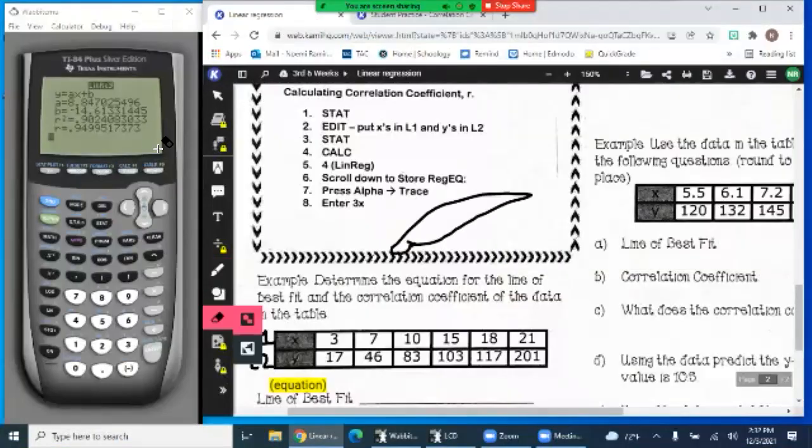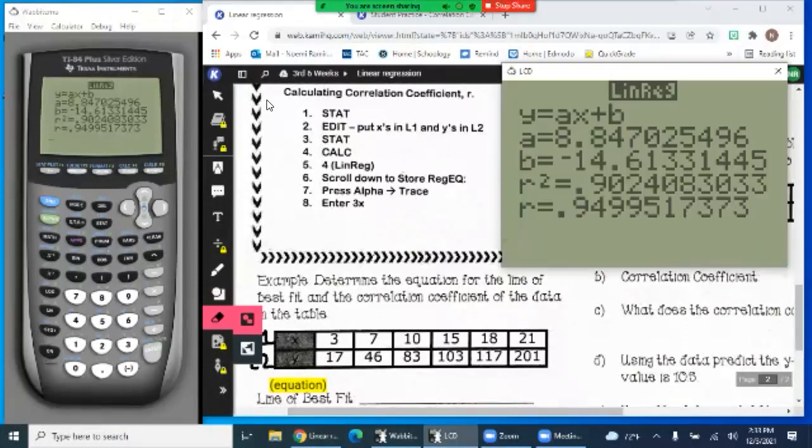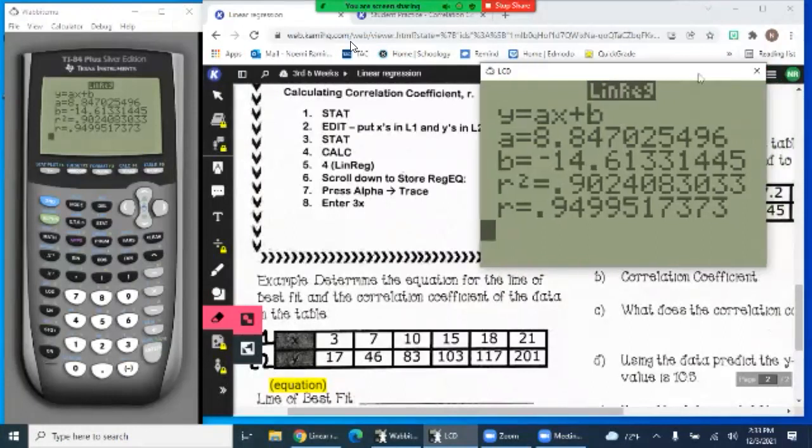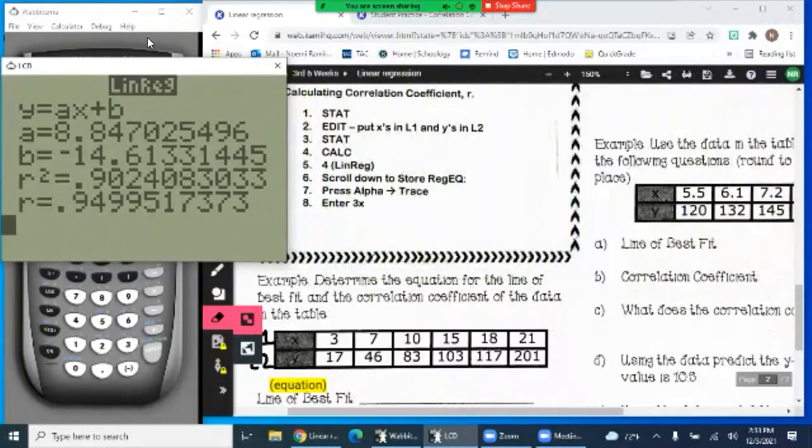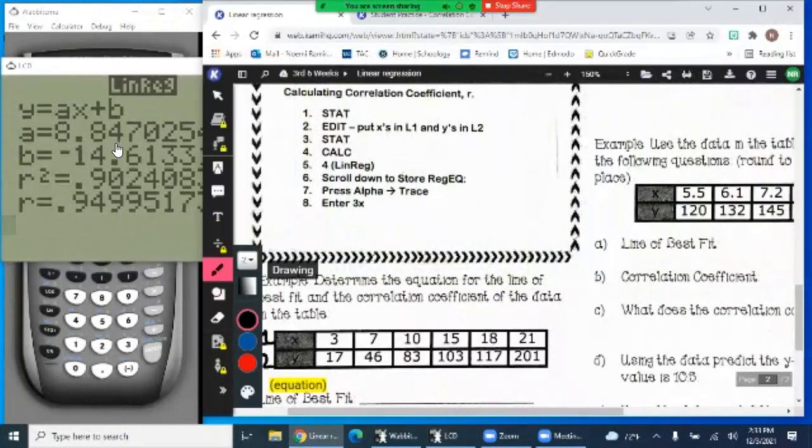So remember, I told you guys that this equation should look familiar. What does it look closest to? Correct, mx plus b, which is our slope-intercept form. So you can compare it very closely to slope-intercept form. I'm going to write y is equal to mx plus b.